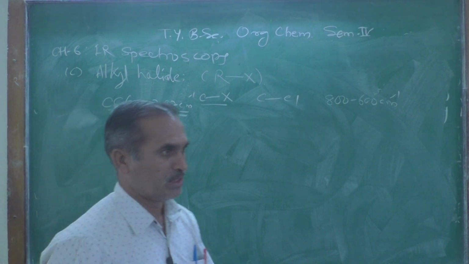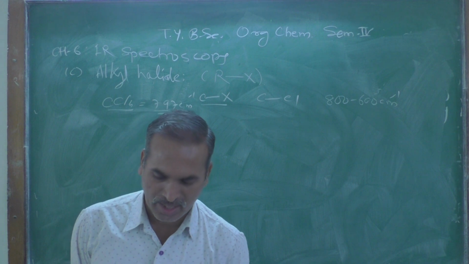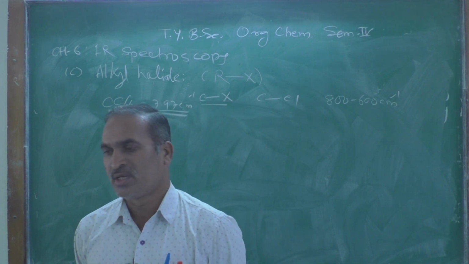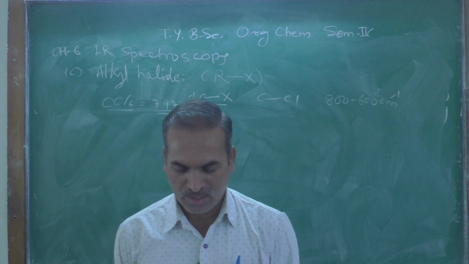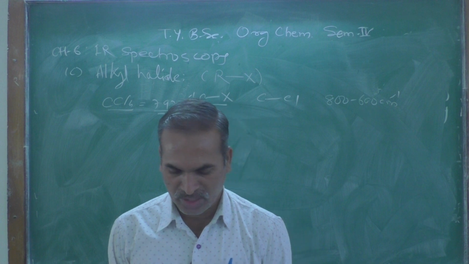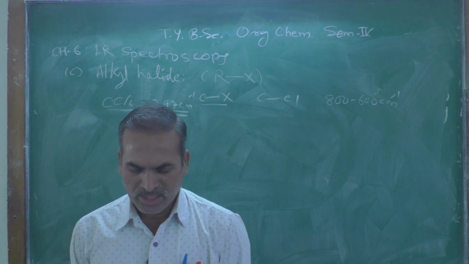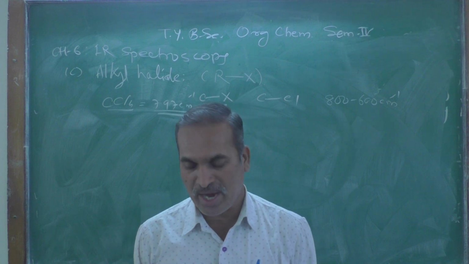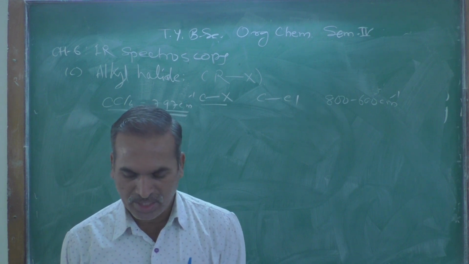Remember, this is a noticeable peak observed in IR spectra, and from that organic chemists immediately come to know that carbon tetrachloride is present. Carbon tetrachloride CCl4 shows an intense band around 797 per centimeter.